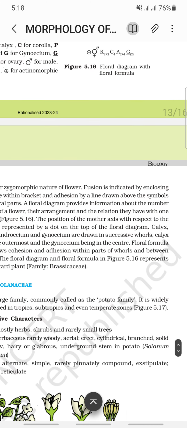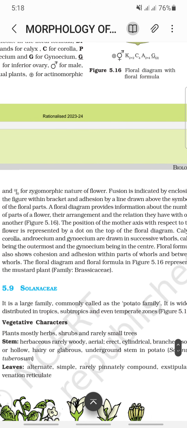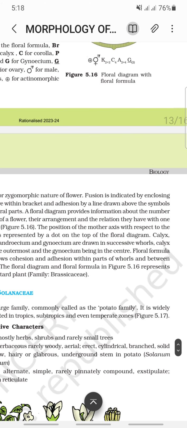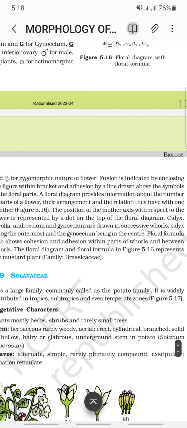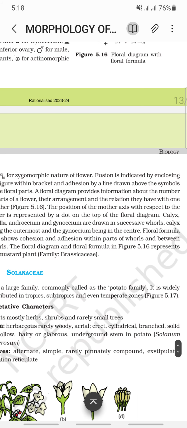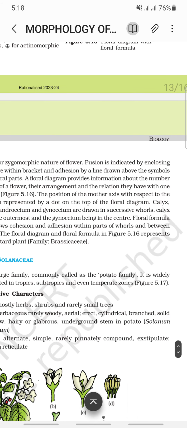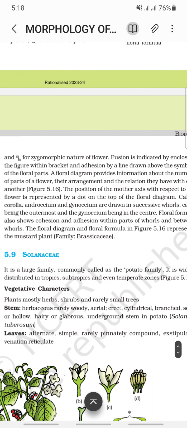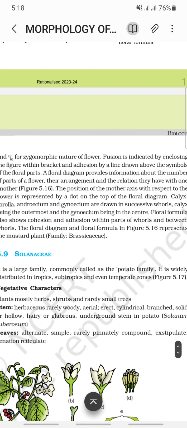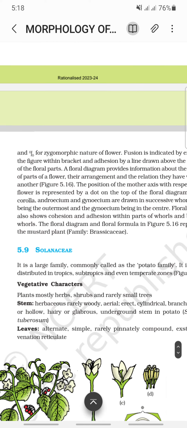Calyx, corolla, androecium, and gynoecium are drawn in successive rows, calyx being the outermost and gynoecium being in the center. Floral formula also shows cohesion and adhesion within parts of whorls and between the whorls. The floral diagram and floral formula are in figure 5.16.